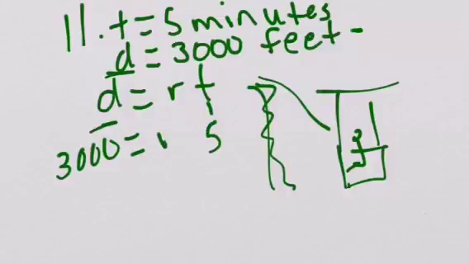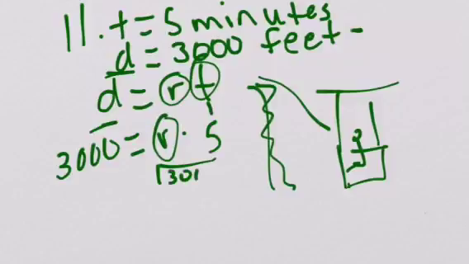And so now we have R times 5, so we have to solve for R. R times 5 is a multiplication, because when two values are next to each other, it's a multiplication. So 5 times what number equals 3,000? The reverse of a multiplication is division, so let's try 3,000 divided by 5. And that's going to give me 600.